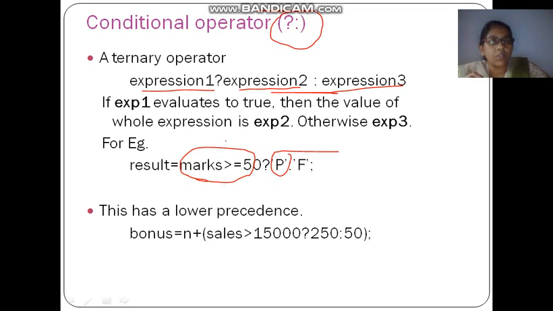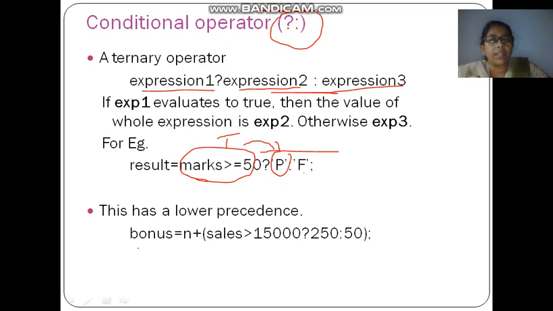So if this is true, it assigns P to the result. And if it is false, it assigns this F to the result. So it is just like true or false. If a condition is satisfied, it carries out something. If it is false, it carries out something else.